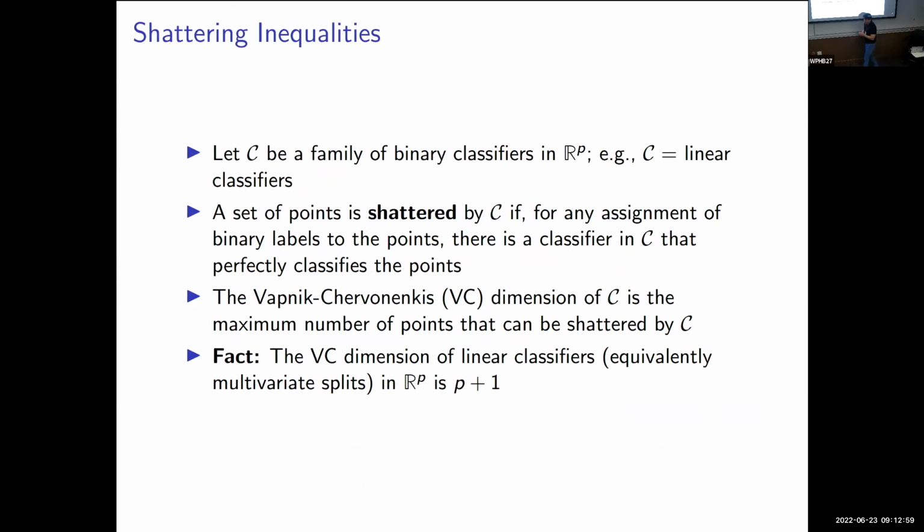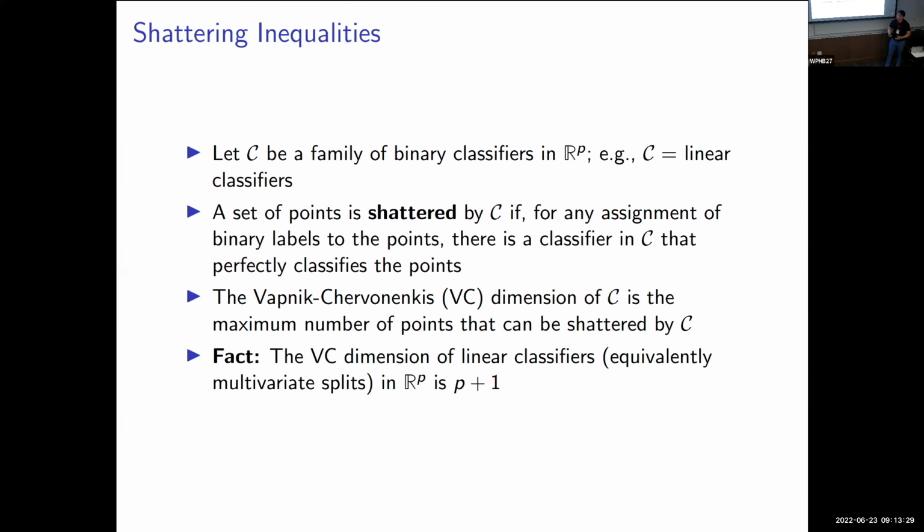So this is just going to be a review of some statistical learning theory. Just going to go over what it means to shatter a set of points. So we have a set CalC, which is a family of classifiers, for example, the set of linear classifiers in the given feature space R^P. And we say that a set of points in this space is shattered by CalC if for any assignment of binary labels, as in class labels, to the points, there is a classifier in the family that can perfectly classify the set of points.